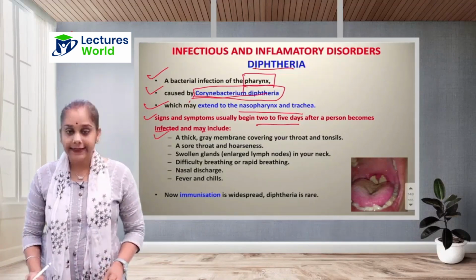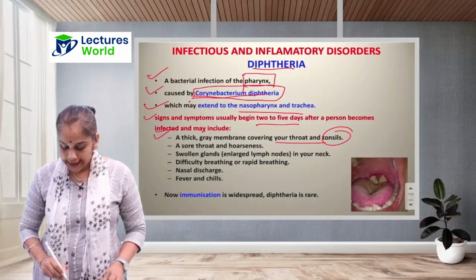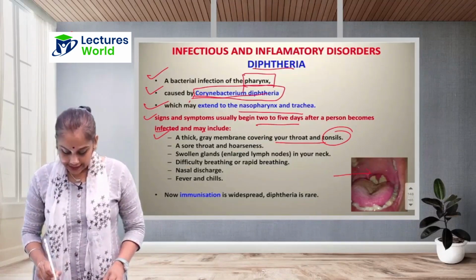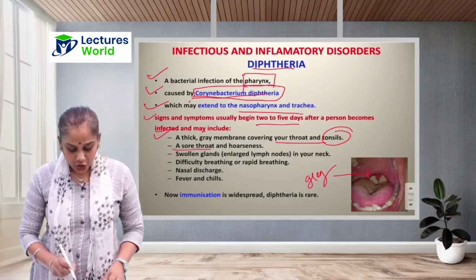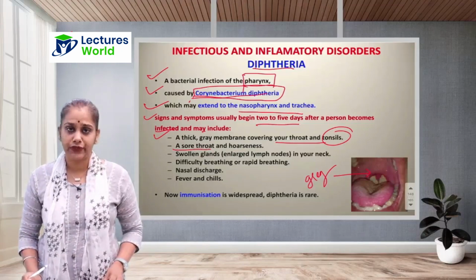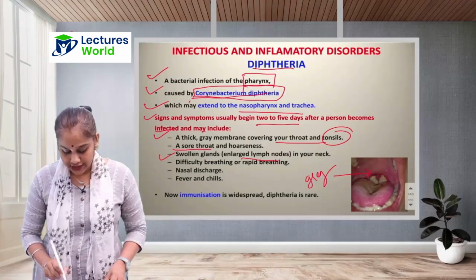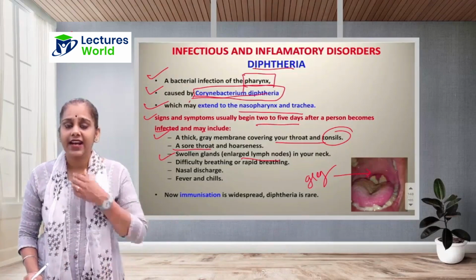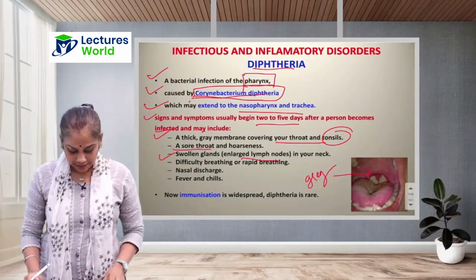It includes a thick gray membrane covering your throat and tonsils. You can see here there is a gray membrane. A sore throat and hoarseness of the voice because of the infection in the throat area. Swollen glands, or enlarged lymph nodes in the neck area; here the lymph node will be swollen or inflamed.